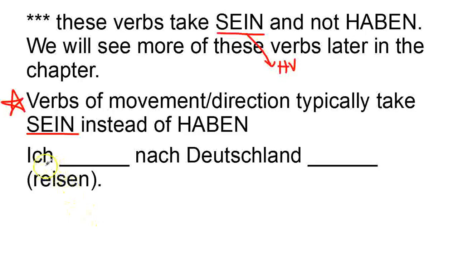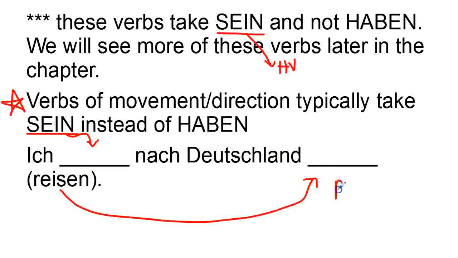So if I wanted to say, I have traveled to Germany, instead of saying ich habe, I have to conjugate sein as my helping verb. And then I have to put my past participle of reisen at the end of the clause. So, take a minute to conjugate that.